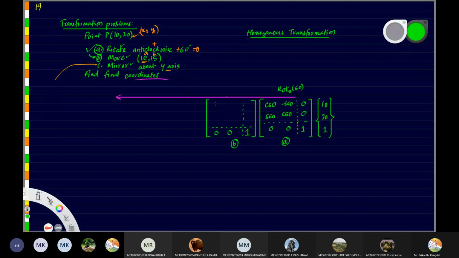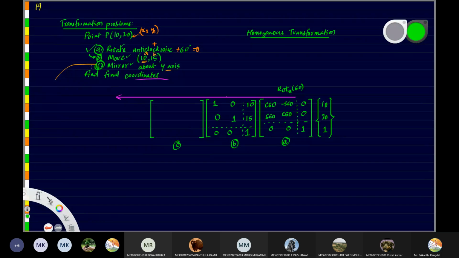When we are not doing any rotation, we take the identity matrix here, because the identity matrix will not change or rotate the coordinates. Then coming to the final part, we are moving it by distance 10 in x direction and by distance 15 in y direction. The next matrix, again we write on the left side of that, and that is for option C.